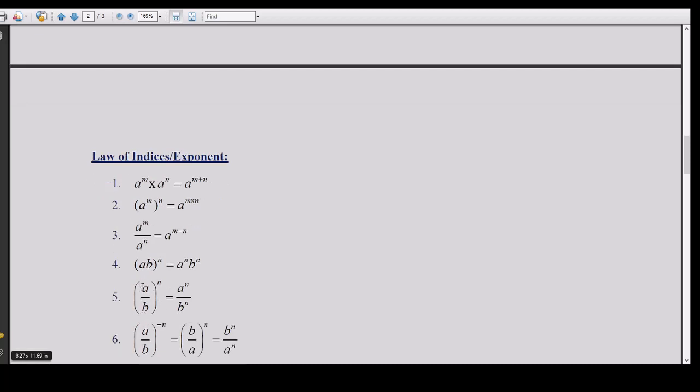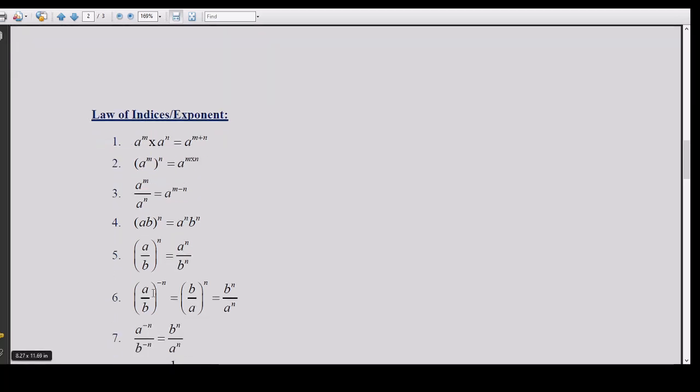Same thing with (a/b)^n, you can separate this power as a^n divided by b^n. Next, if you have a/b with the power of minus n, then you can write it as the reciprocal, (b/a)^n.